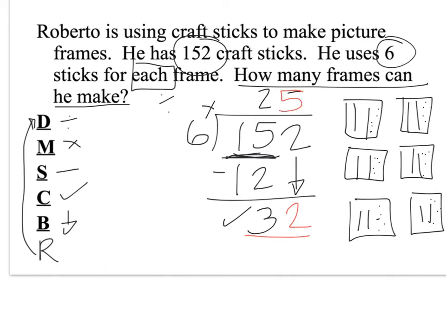And then I'm going to multiply 5 times 6, which is 30. My next step is to subtract. 32 minus 30 is 2. I'm going to check to make sure that 2 is smaller than 6. It is. There's nothing left to bring down, so I know that there's 25 in each group, and I will have 2 left over. So my answer is 25, remainder 2.